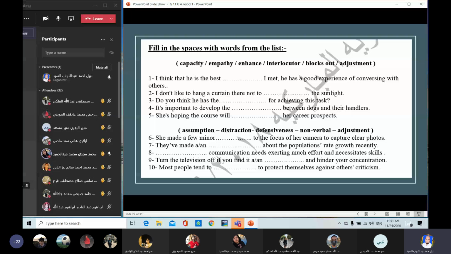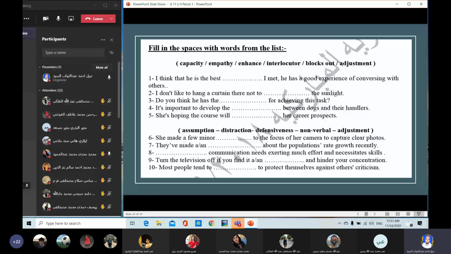Give me another word for ability. Capacity, not empathy. Capacity means ability to do something. So you should have the capacity to achieve this task. You should have the ability to achieve this mission.